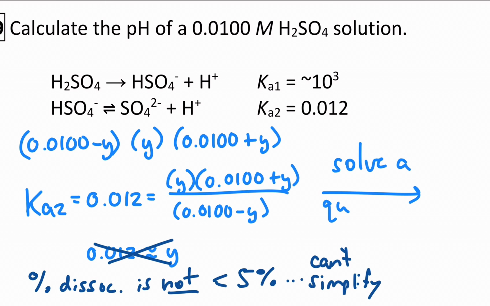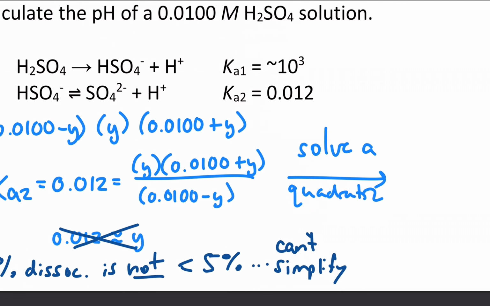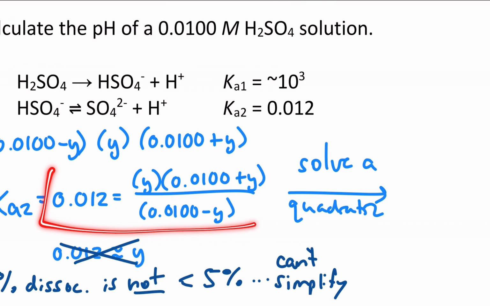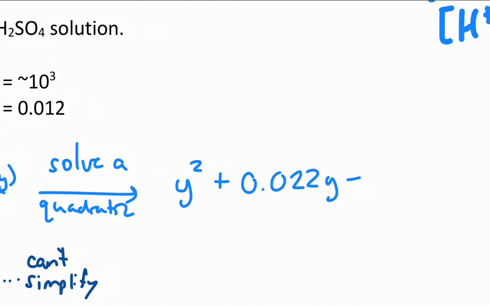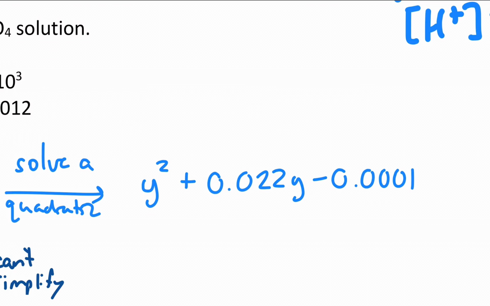And I'm not going to write out the quadratic, but if you expand this expression, just distribute everything and combine like terms, you get an expression that's y squared plus 0.022y minus 0.00012, and that's equal to 0.